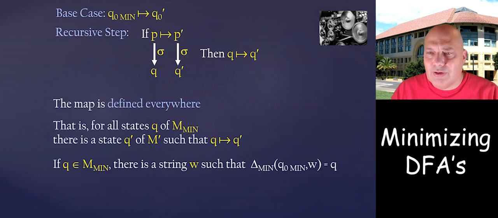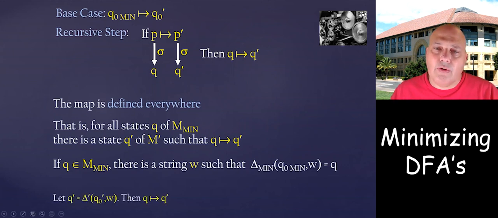Well, we constructed M min such that there is no inaccessible state in it. And therefore, there is a path from the start vertex to Q. And we'll take W to be a word that leads you down this path. Now let's define Q prime, which is the state you reach in M prime from the start state Q0 prime when you read W.